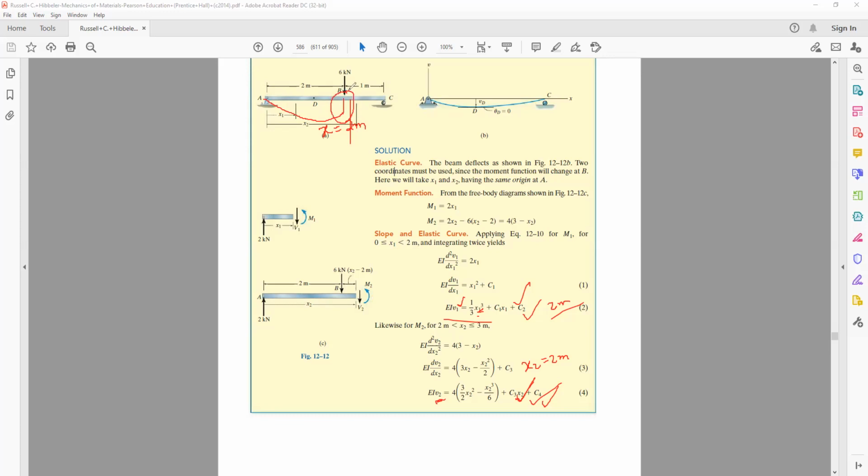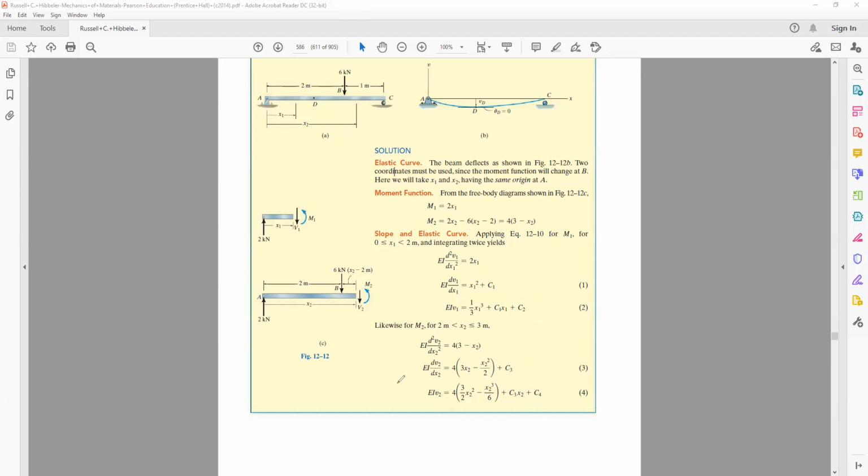That is not possible physically; the value of the deflection at 2 meter given by the two equations has to be the same, for the continuity of this structure.